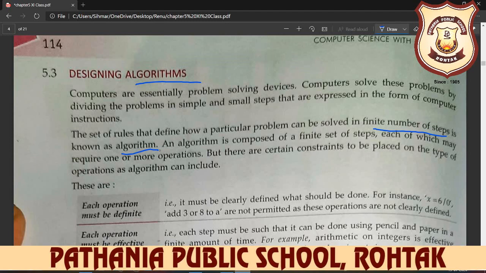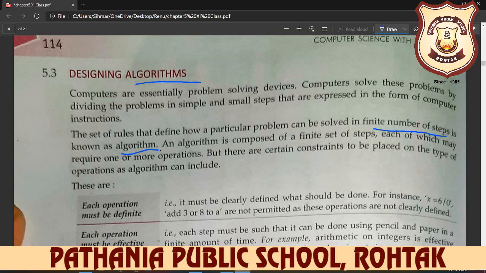Every program requires a solution of the problem, and when you solve any problem you require some steps, and these steps are your algorithm. An algorithm is composed of a finite set of steps, each of which may require one or more operations.